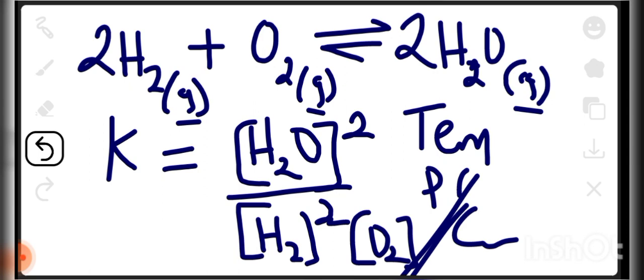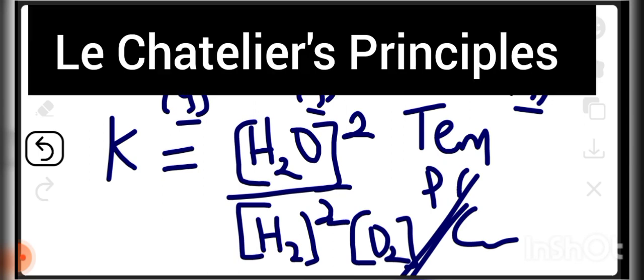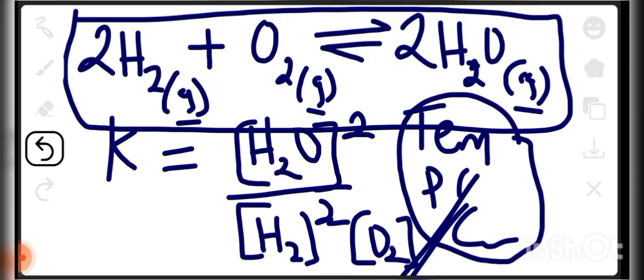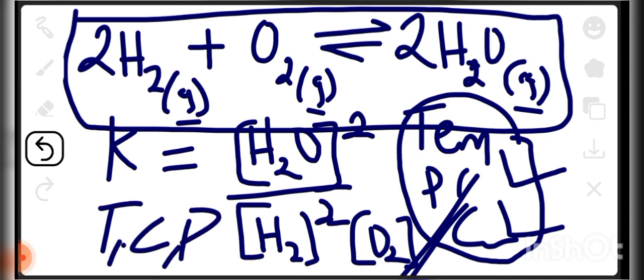Now Le Chatelier's principle is telling us that for any reaction at equilibrium, if any of these factors is altered, let's say if we alter the temperature, or the concentration, or the pressure, the equilibrium position will shift so as to oppose that alteration you are making, or that change you are trying to make.